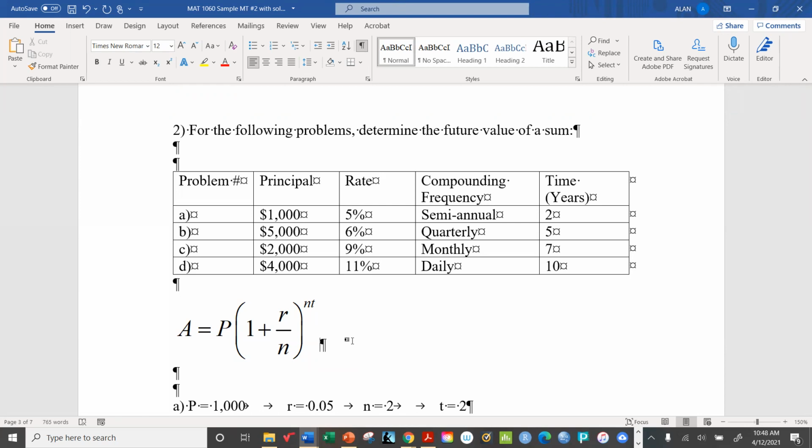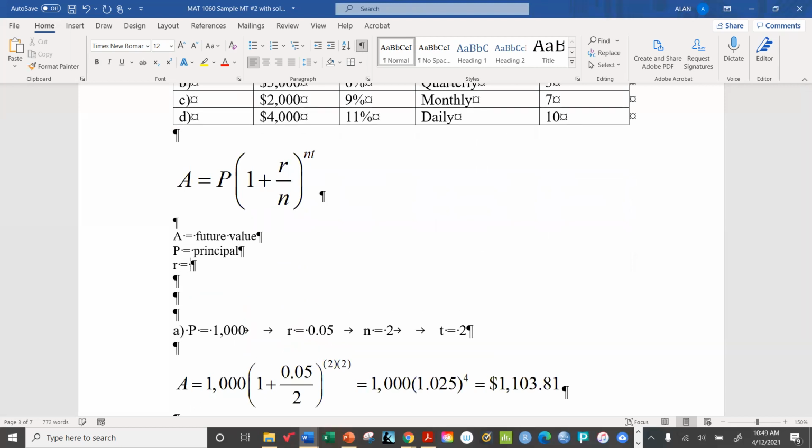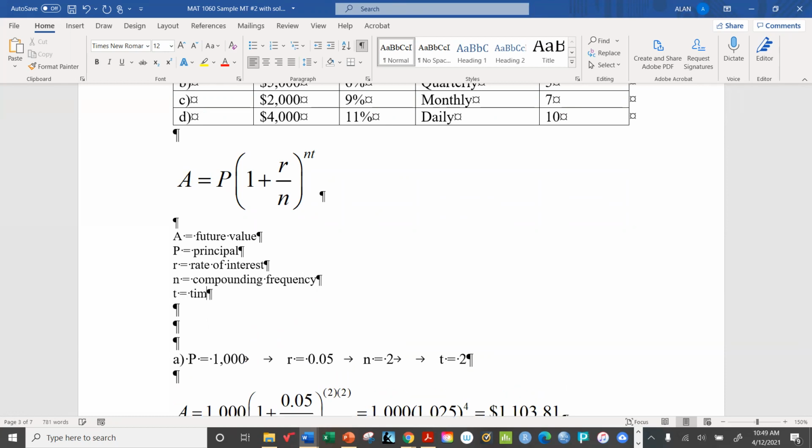So if you recall, let me just quickly remind you what these terms mean. A is the future value. P is the principal. R is the rate of interest, which is actually the APR, by the way, and N is the compounding frequency. And then finally, T is the time in years.